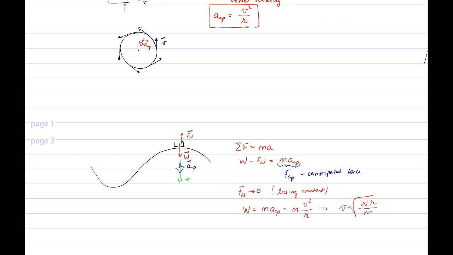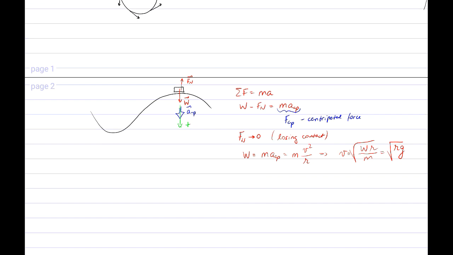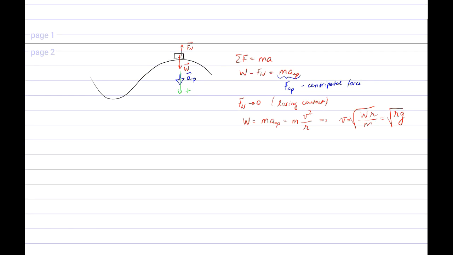I can write the weight as mg and cancel out the m, so I'm left with v is the square root of rg. So the velocity that the car should not go faster than is the square root of rg. So v equals square root of rg is the limiting velocity.